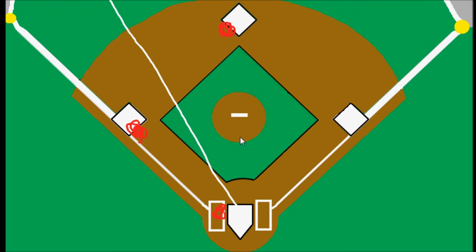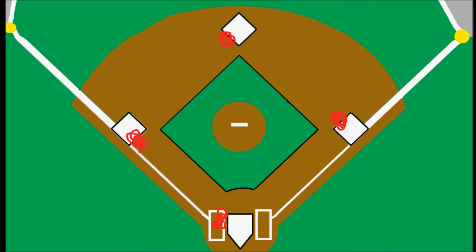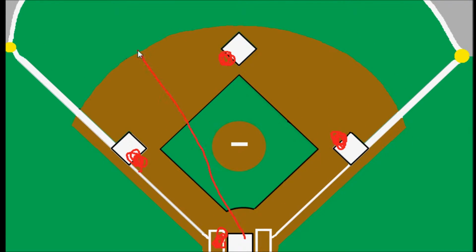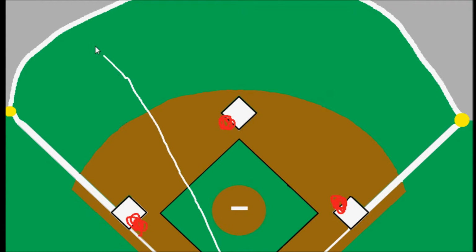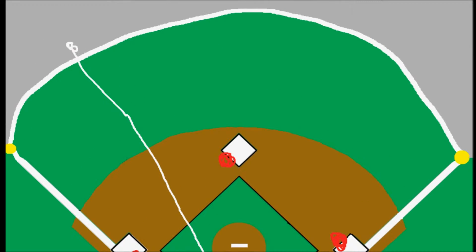And so the rule book says that RBIs obviously also include home runs. So let's say the bases are loaded, first, second, and third base all have a runner on, and the batter comes up and hits, let's make it white because it's the ball, and he hits the ball out of the park. It lands on the other side of the fence.